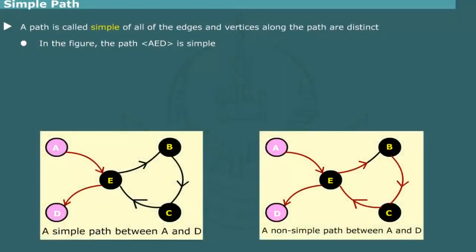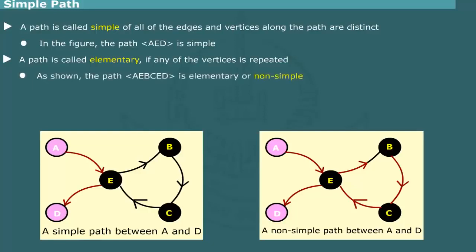Simple path. A graph path in which all vertices and edges are distinct is called a simple path. In a simple path, repeated vertices or edges are not permitted. Sometimes a distinction is made between simple path and elementary path. In an elementary path, repeated vertices are permitted along the path.